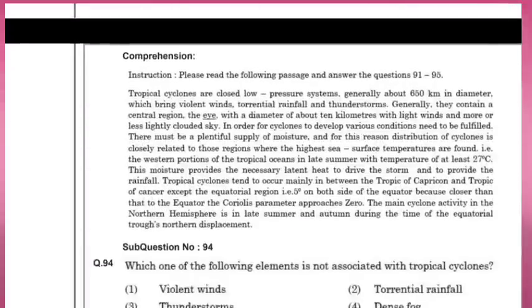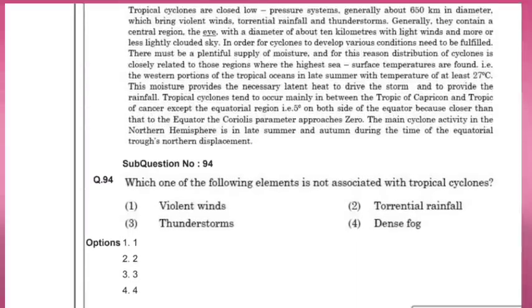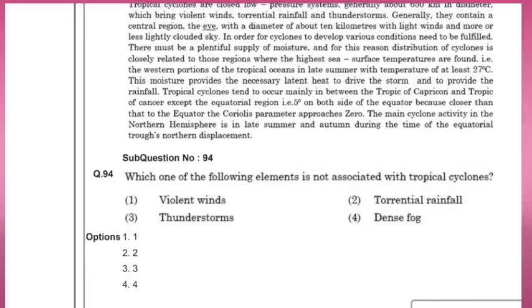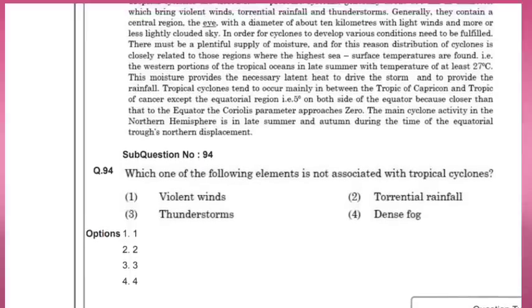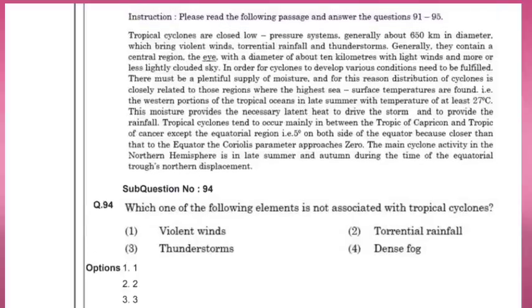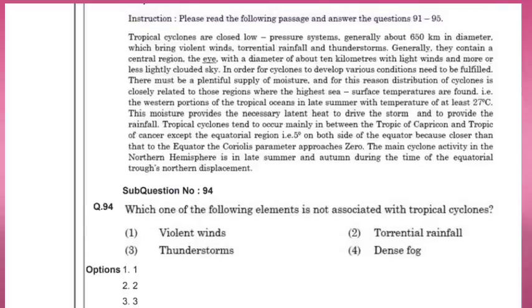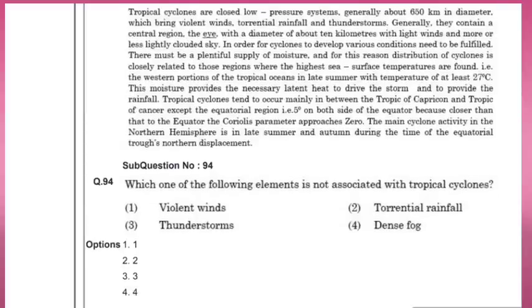And next question: which of the following elements is not associated with a tropical cyclone? Option 4 is the right answer, dense fog. And match the question ID 687, the right answer is option 4.